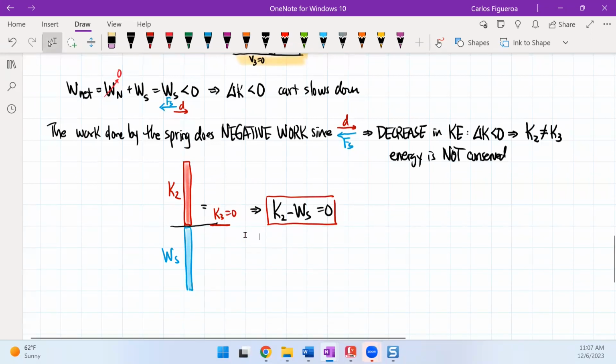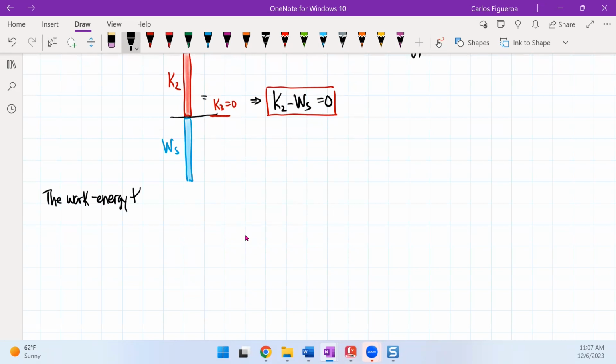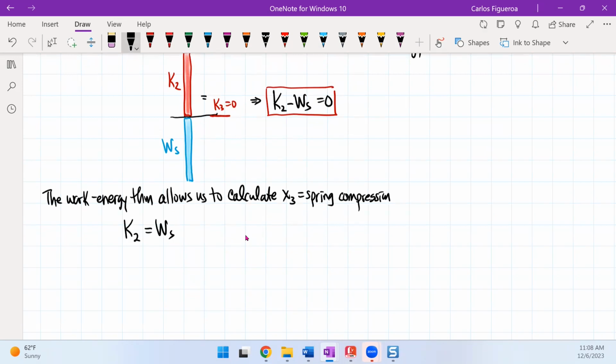So now that I have my diagram, the work energy theorem allows us to calculate x3, which is the spring compression. So then I go K2, it's going to be the work of the spring.